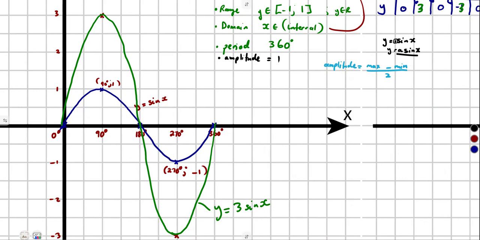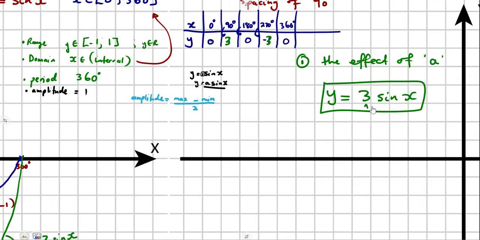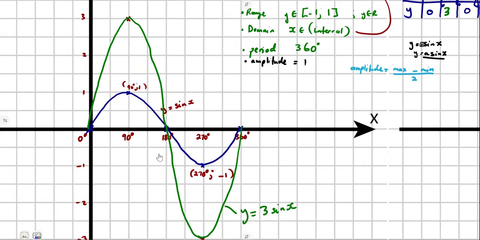But remember, we just applied a direct effect of A on the sine of x. So if we take it that way, we might not have the proper understanding, all right? So it will be best when you're dealing with question papers where we can properly see this effect. But when it is just a single graph like sine of x, then the 3 is just going to affect your maximum to the minimum.